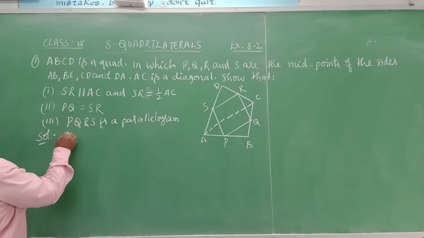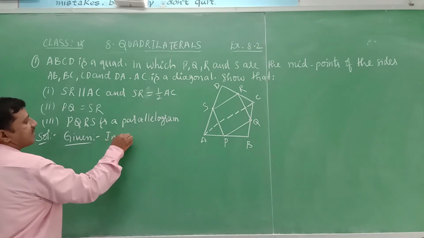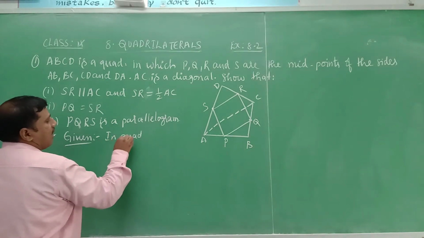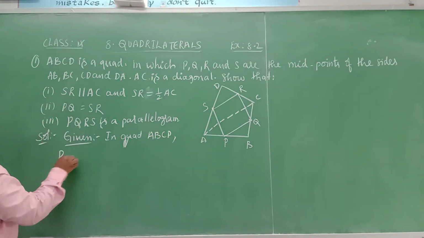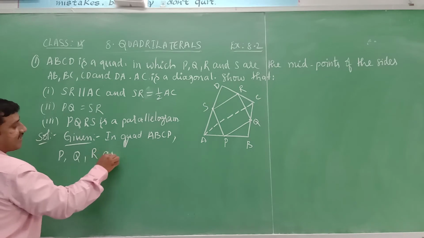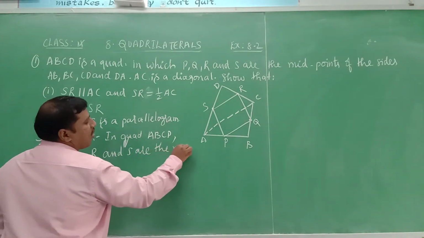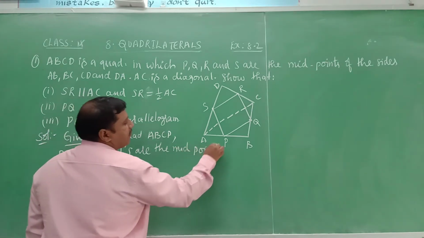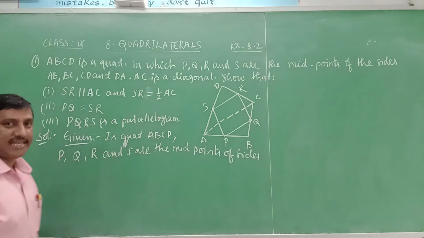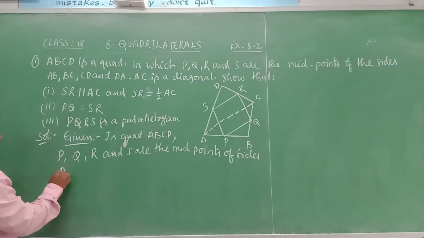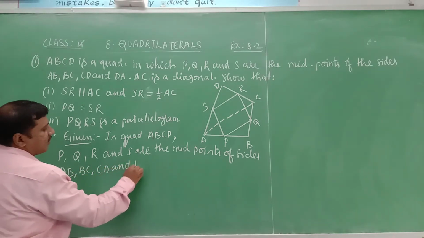So now you see here, given in quadrilateral ABCD, P, Q, R and S are the midpoints of the sides AB, BC, CD and DA respectively.